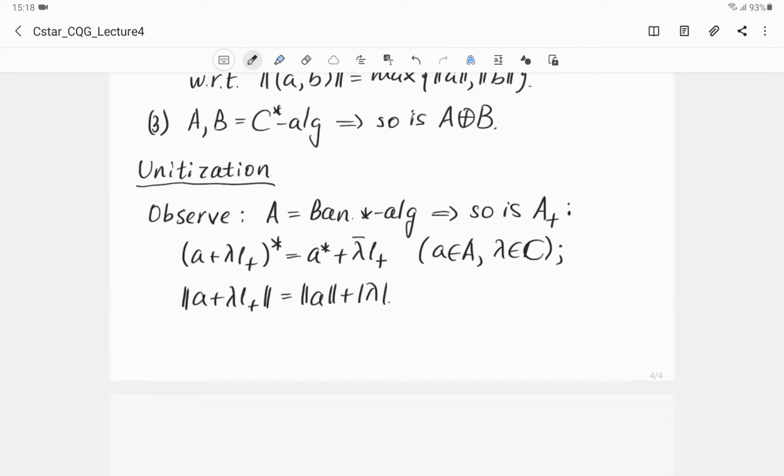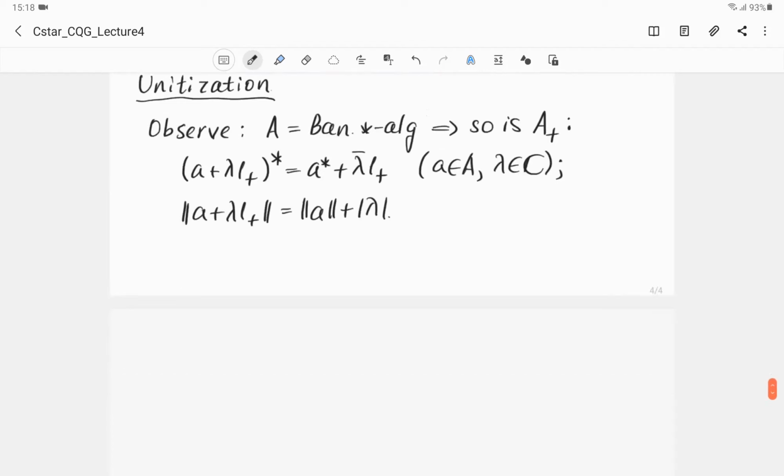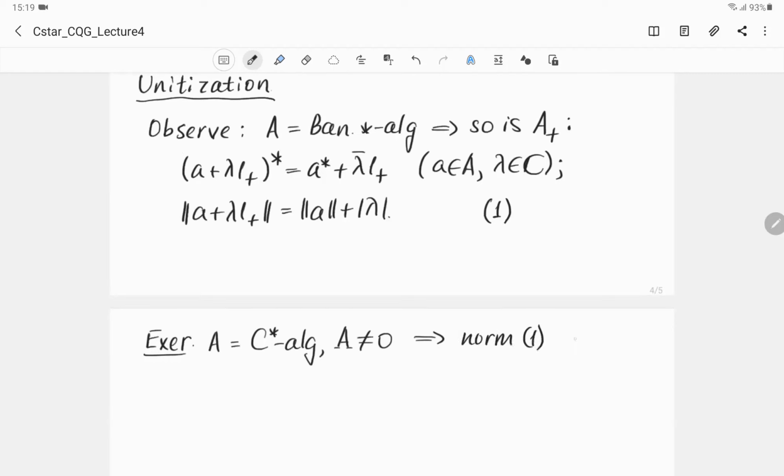Now a natural question is, what if A is a C-star algebra? And here we have a problem. It's a simple exercise to show that if A is a non-zero C-star algebra, then the above norm on the unitization, let's denote it as norm 1, doesn't satisfy the C-star axiom.